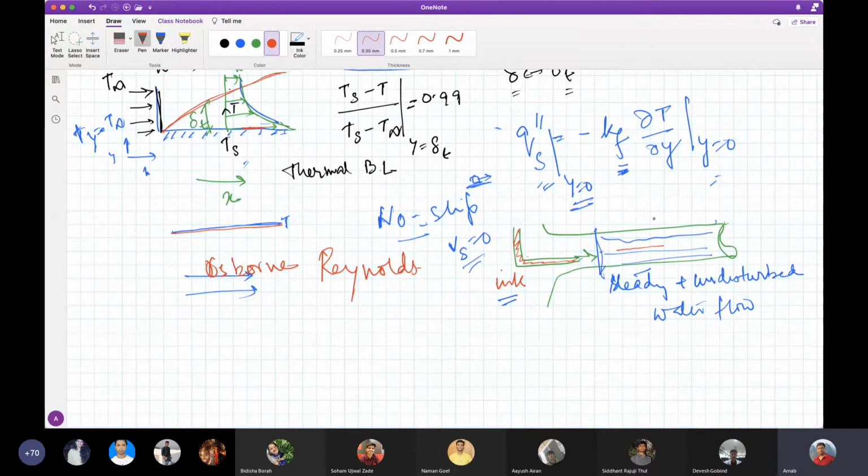Then it starts to wobble. Eventually this ink stream breaks up and creates small vortices down the line. This demonstrates what is laminar, what is turbulence, and in between there is something called the transition region.